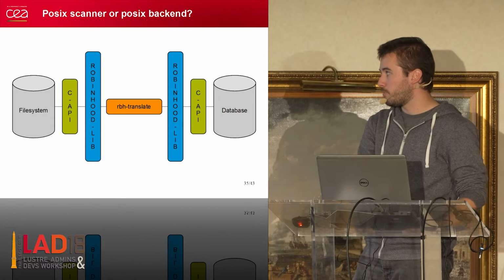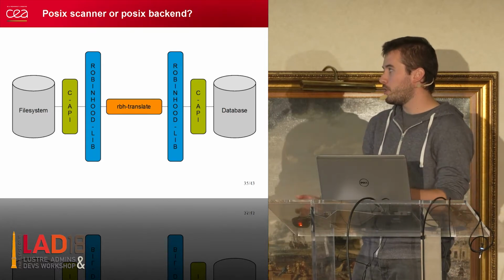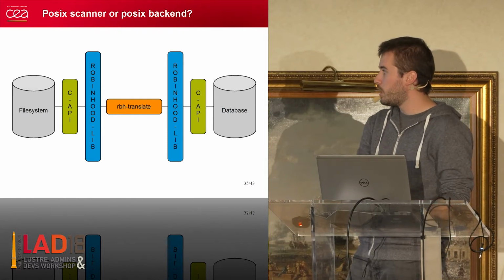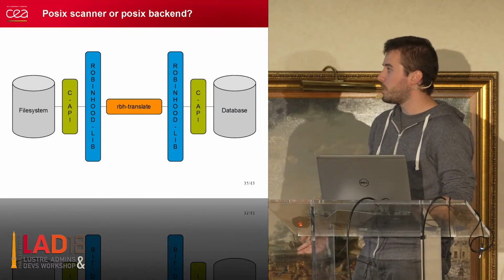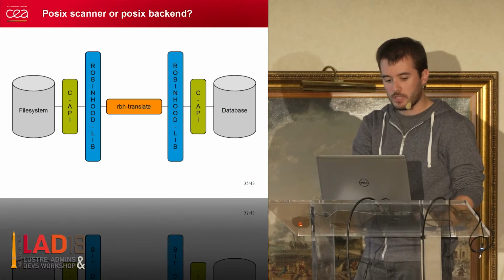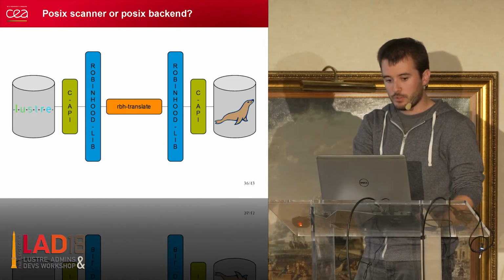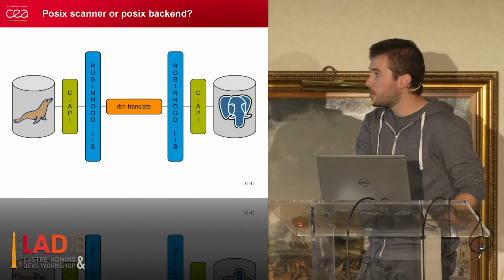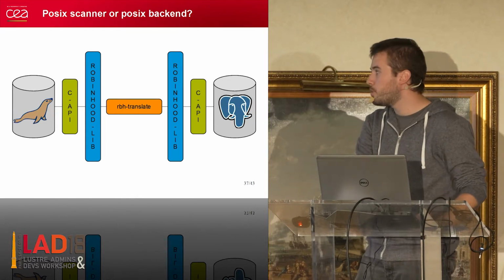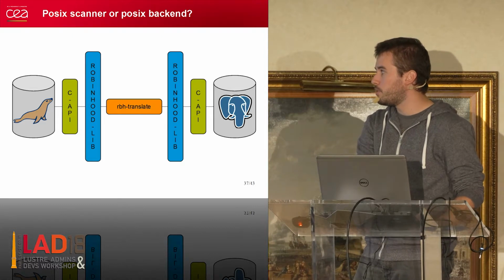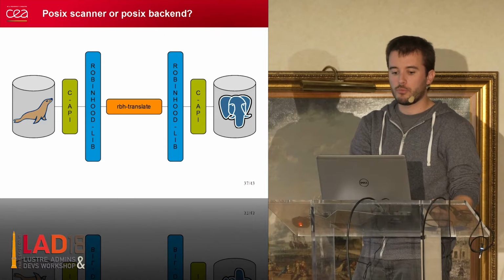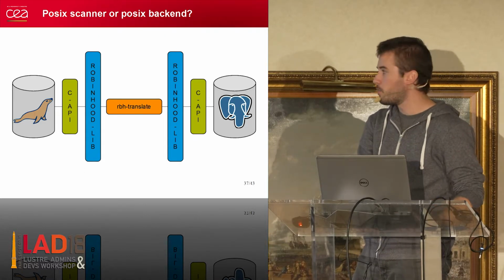It would just query all the entries from the file system. It would already get them in the right format, and I would just need to pass it down to the next database without any processing. This is useful to scan a file system, but this is also useful to maybe switch technologies, if I want to switch from a MariaDB backend to something else, especially, for example, to switch from Robinhood v3 to something else like Robinhood v4.